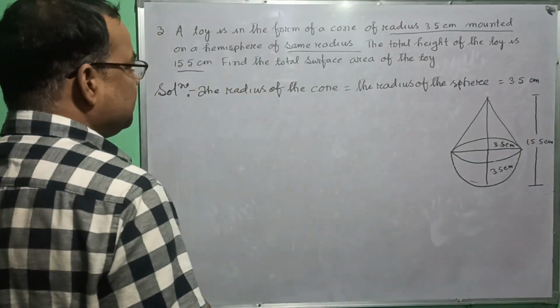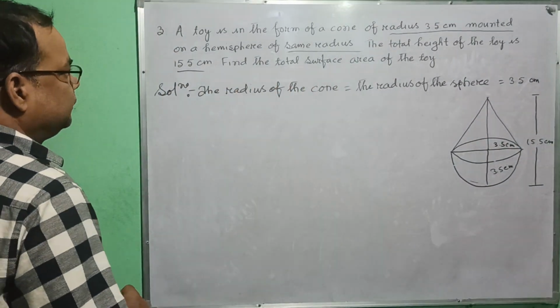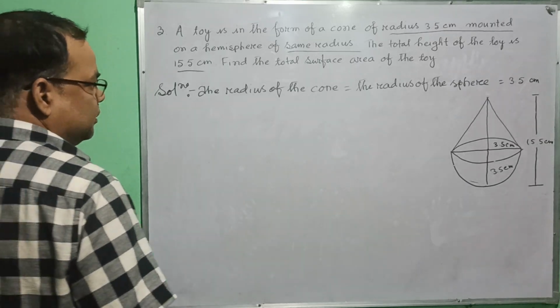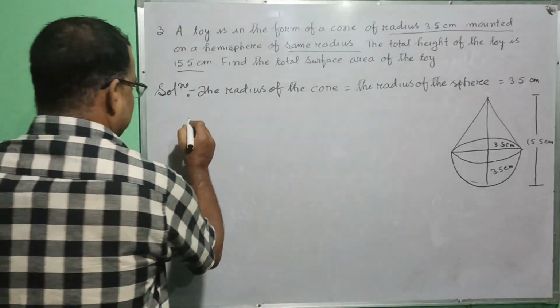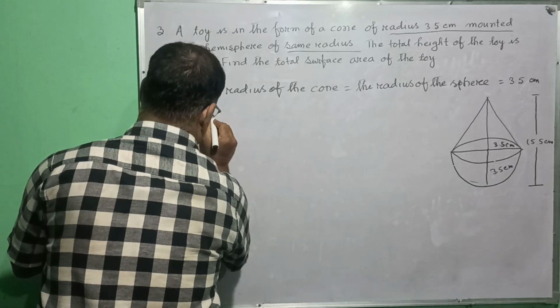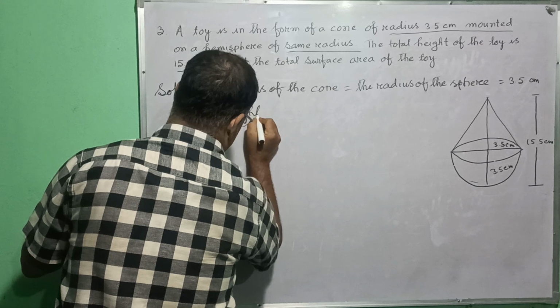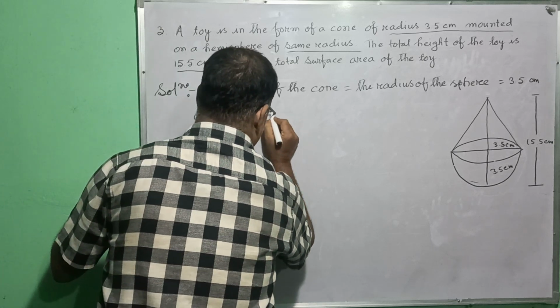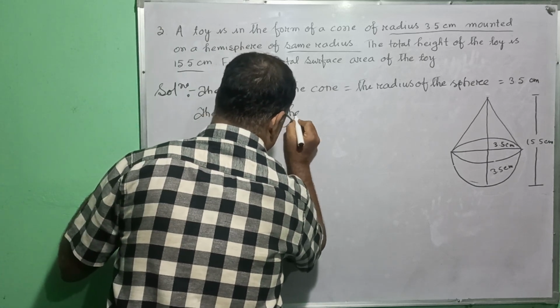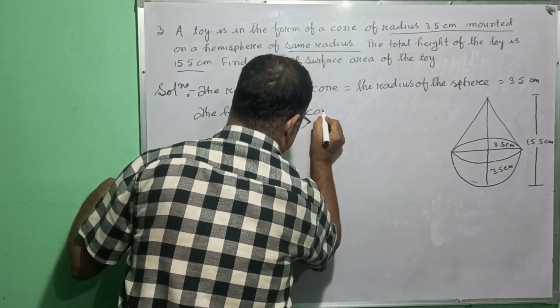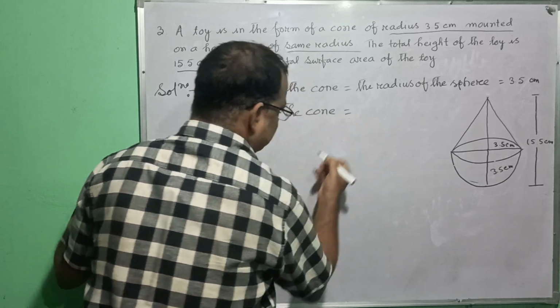So radius finished, and it is given the total height. That one also we can write, the height of the cone. So what will be the height of the cone?